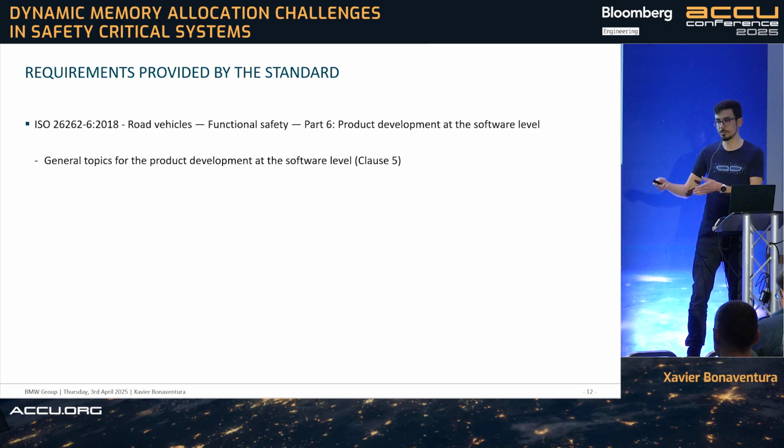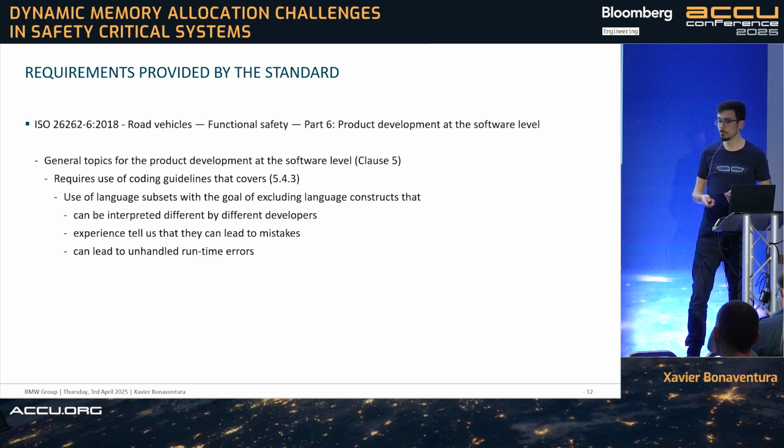That is structured in several subparts. The first one is general software development, and there we already start seeing these sections. It requires the use of coding guidelines. This is the first point where we see that we want to use coding guidelines. It tells us to use language subsets to exclude certain language constructs.